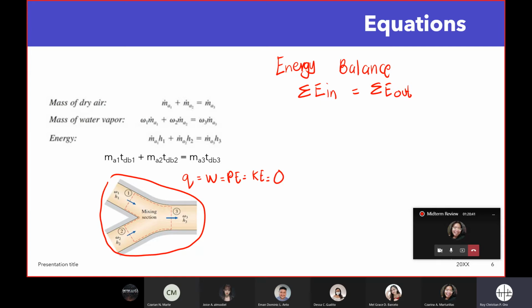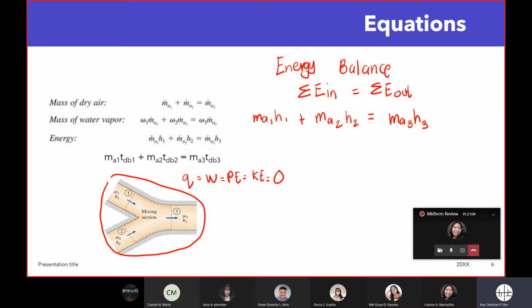If you take a look at the energy going in, it's just the enthalpies now. So the mass of dry air at state 1 times the specific enthalpy at state 1, and the same for state 2, and it must be equal to the output. And that is how we get this equation.